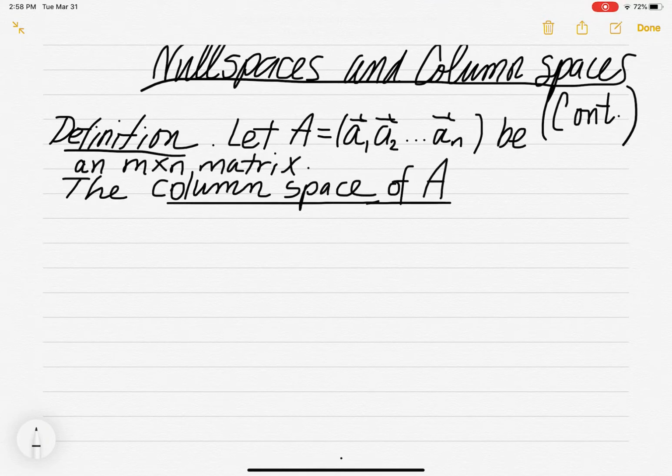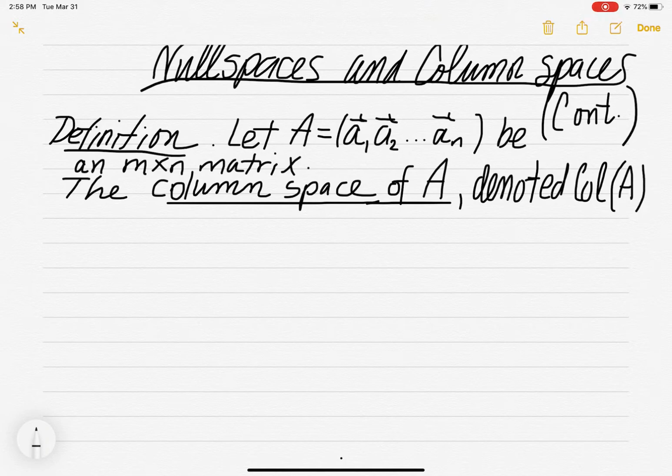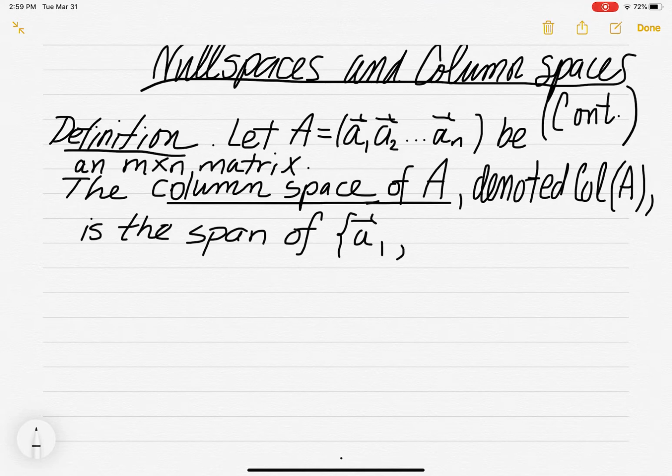The notation for the column space of A is denoted COL, a capital C, then a lowercase o, a lowercase l, of A. The col of A, the column space of A, is the span of the columns. The span of the set containing A1, A2, and so on, AN.